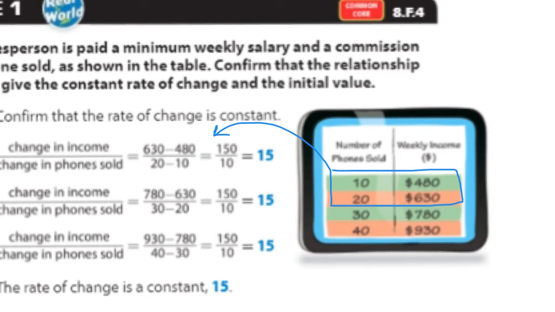So we're going to do the y value, the weekly income, 630 minus 480, 20 minus 10. You have 150 divided by 10, which is 15. So the rate of change for the first two sets of data is 15.